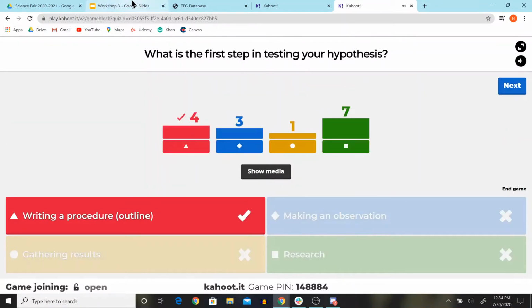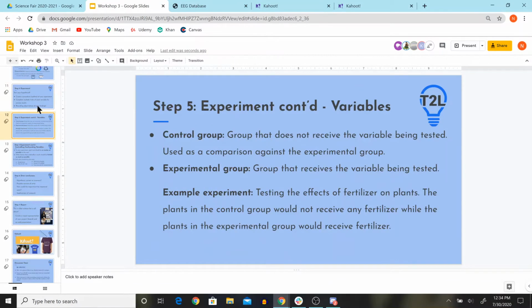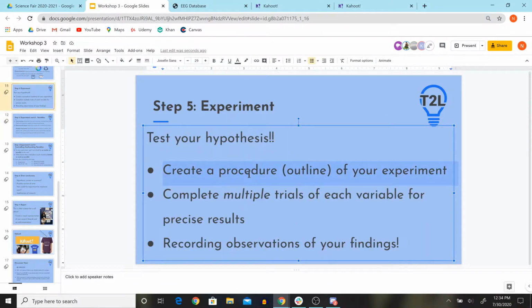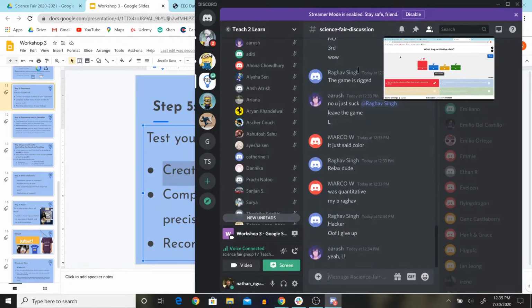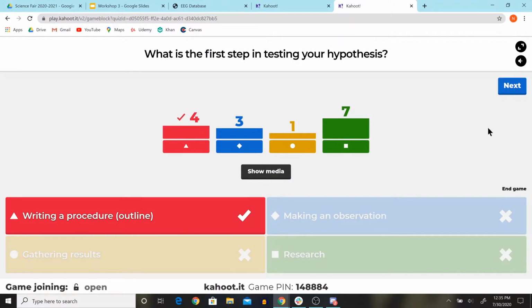So the first step in testing your hypothesis is writing the procedure, right? Oh yeah, it's right up here. In order to test your hypothesis, you first have to create a procedure, and then you can complete the trials and then record your findings. Anyway, moving onward.